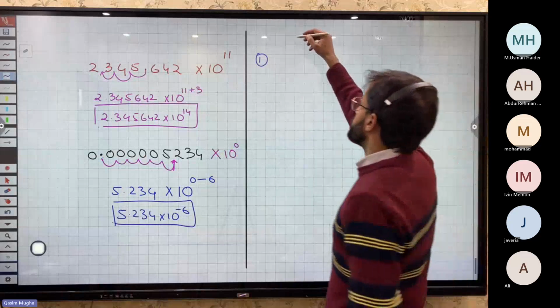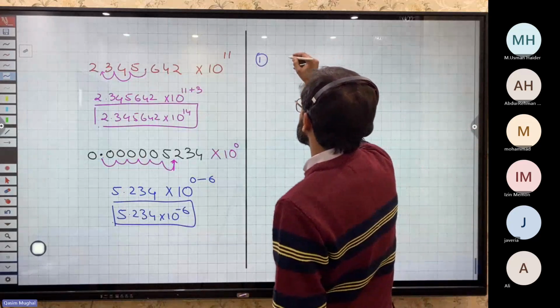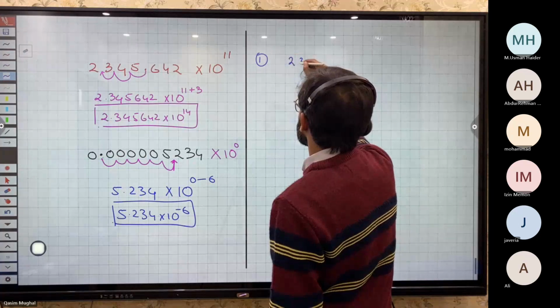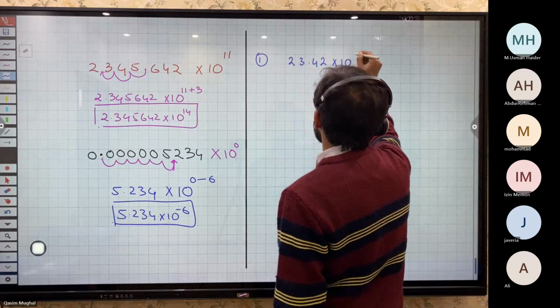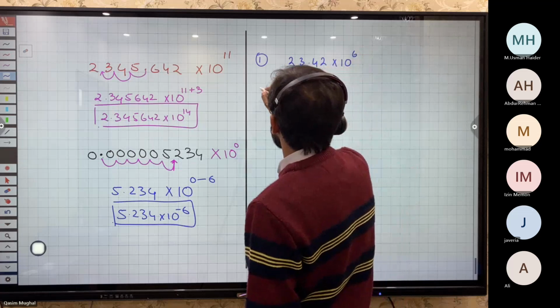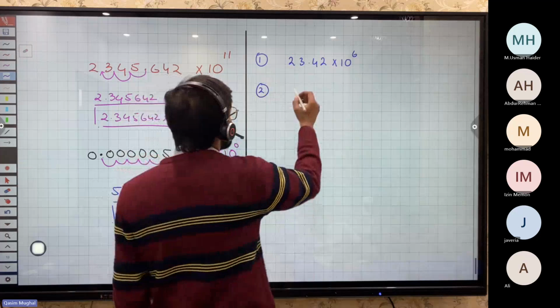You need to write the numbers in standard form. So the first question is 23.42 into 10 raised to the power 6.